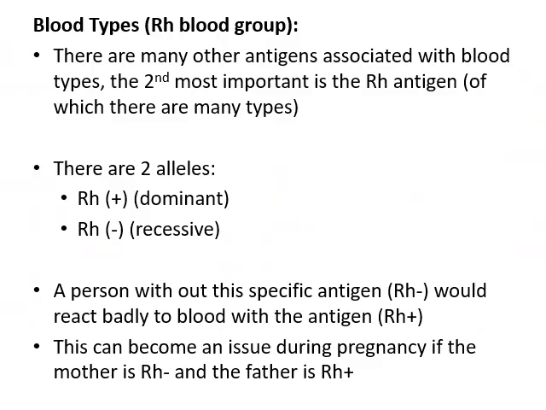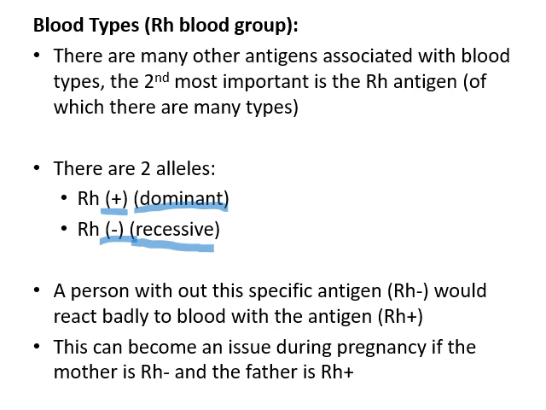There's also the Rh factor, which I'm just going to quickly mention. You probably know what your blood type is and whether it is positive or negative. This is another antigen that is present, and positive is the dominant type, and negative is the recessive type for this particular antigen.